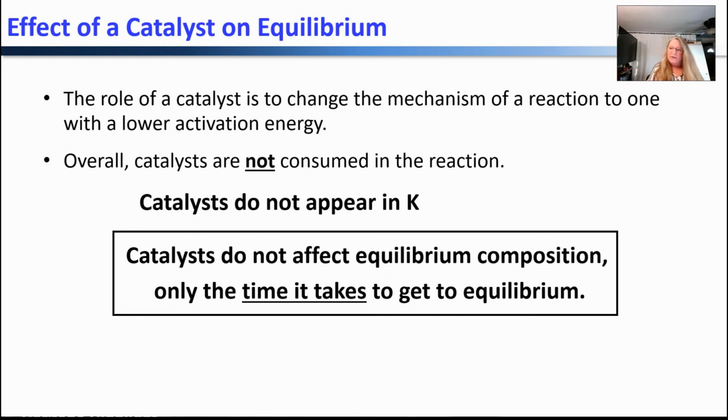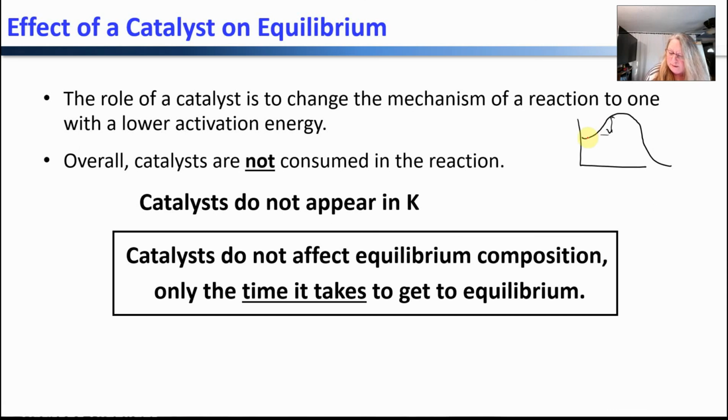And one of the ways that we can think about that is in terms of our activation energy, where before catalyst is applied, that's our activation energy from here to here. And if I want to add in a catalyst to speed it up, all I'm doing is decreasing the activation energy.